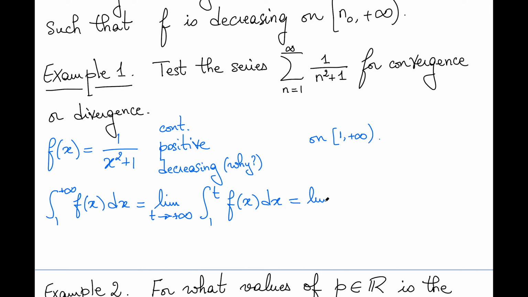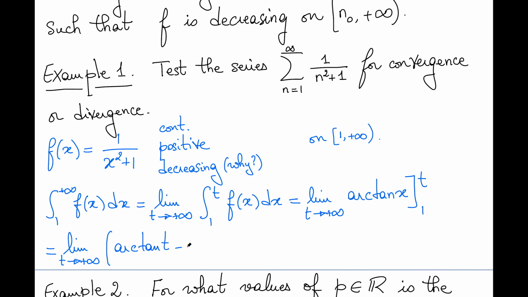So that's going to be the limit as t goes to plus infinity of arctan of x between 1 and t, which is the same as the limit as t goes to plus infinity of arctan of t minus arctan of 1.